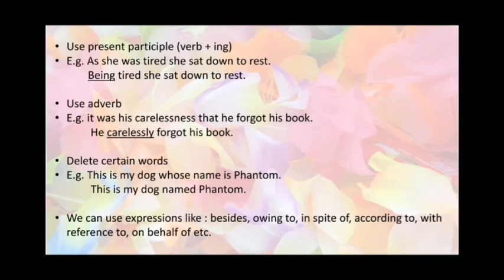It is not necessary that it should always be in the beginning. In this sentence, because it is a necessity, we had to put it in the beginning. That is being. Being is the present participle. So, being tired, she sat down to rest. Okay, so we have added the present participle.